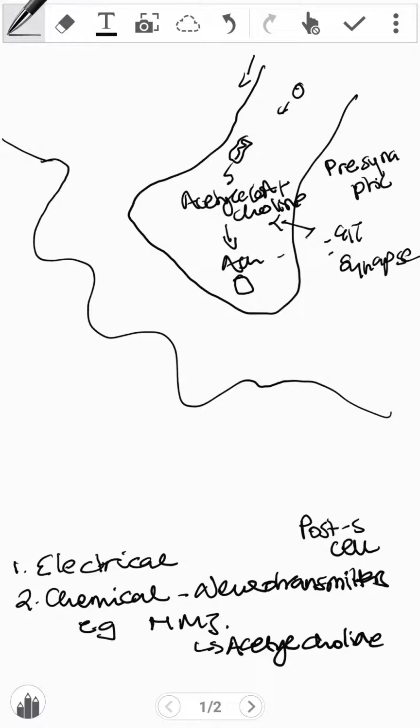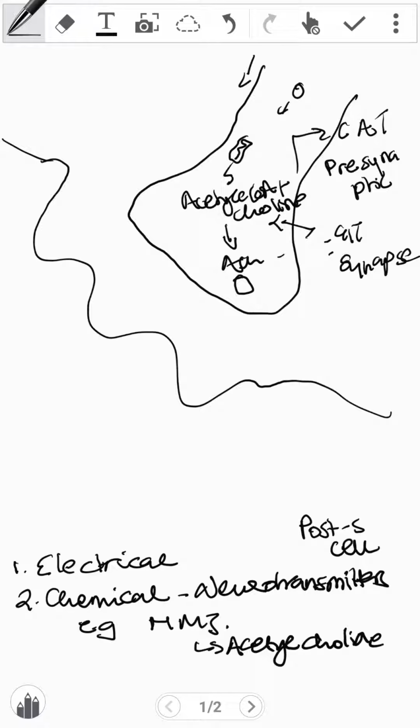Now, there are two things that I should just remind you of here. Number one, this combination of acetyl and choline is made possible by an enzyme, and this enzyme is known as choline acetyltransferase.